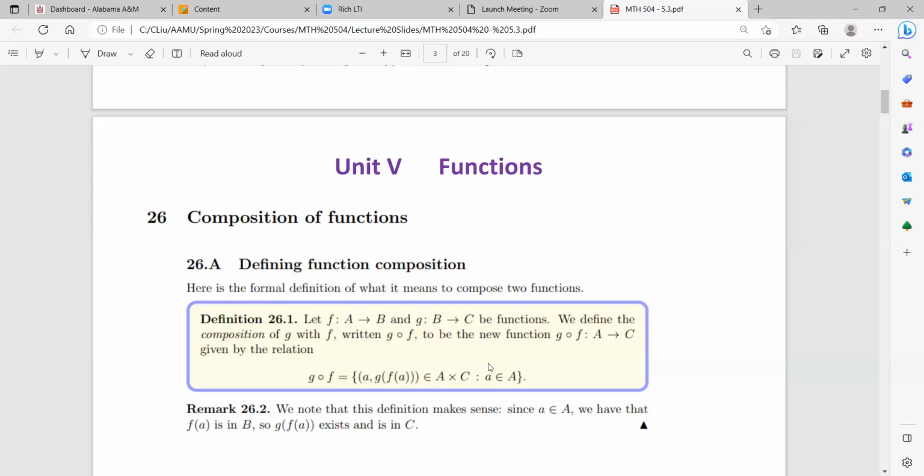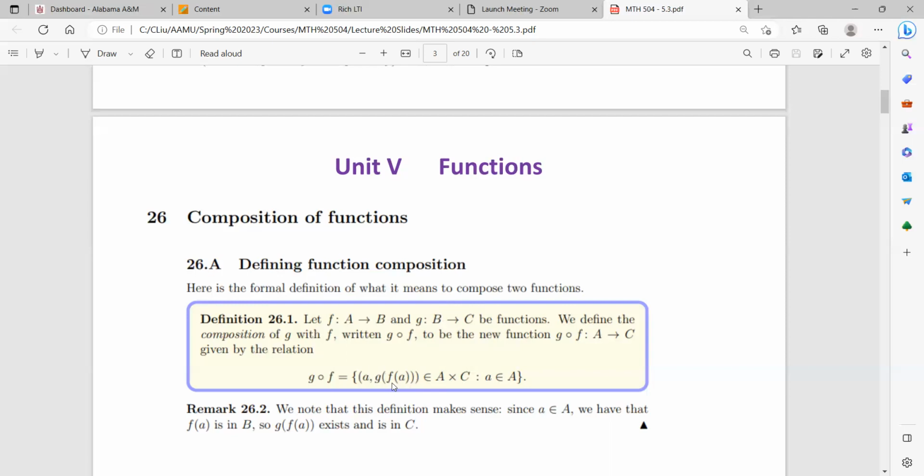For any element in A in the first coordinate of the ordered pair, the second coordinate will be G of F of A, because F maps A to F of A in B, and then G maps F of A to G of F of A. F of A is just one element in B. So that's the formal definition of a composition of two functions.